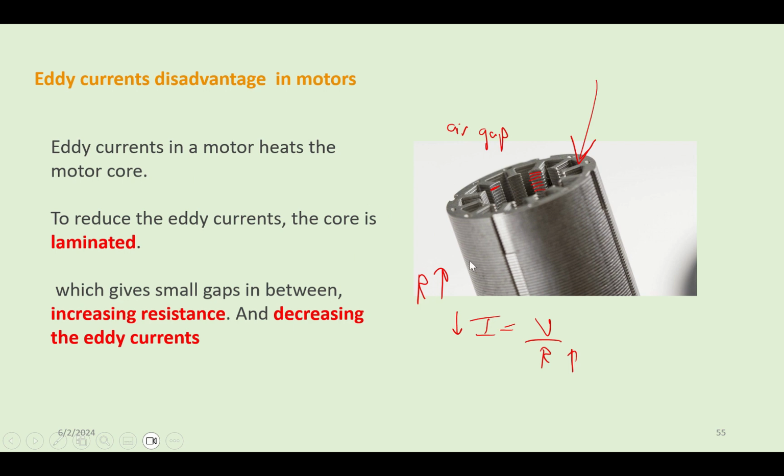When that is done, it increases the resistance of the iron core of the motor. When you increase the resistance of the iron core, the amount of the eddy currents decreases according to Ohm's law, and hence we have decreased the eddy currents forming in the motor core, and we decreased the power losses in the motor core as well.